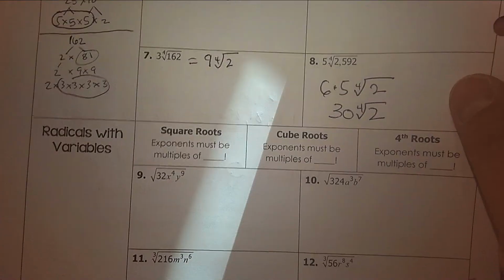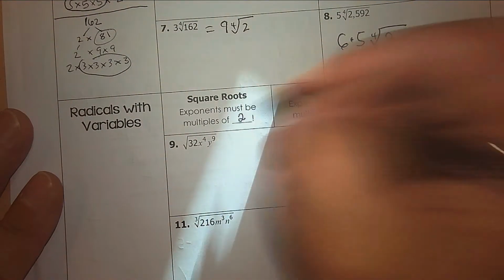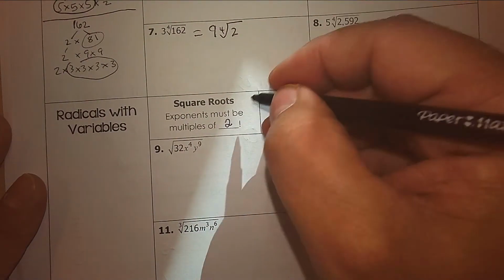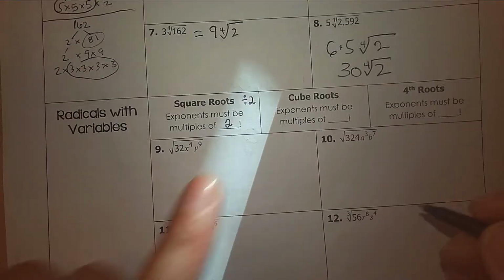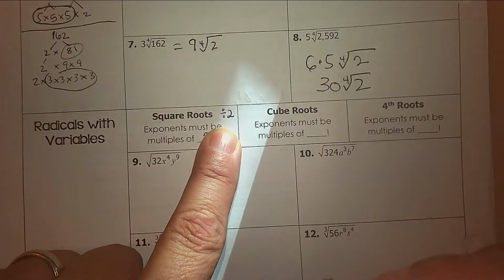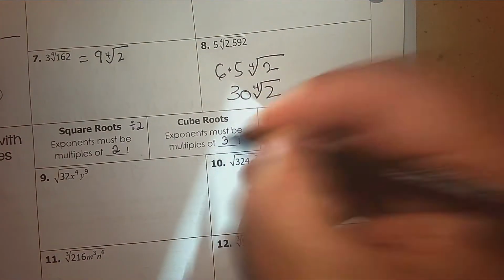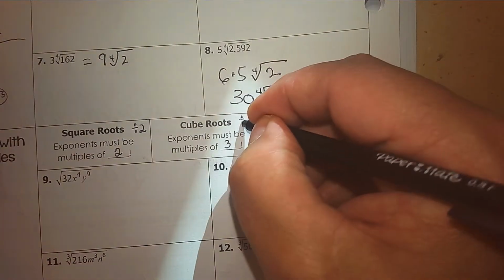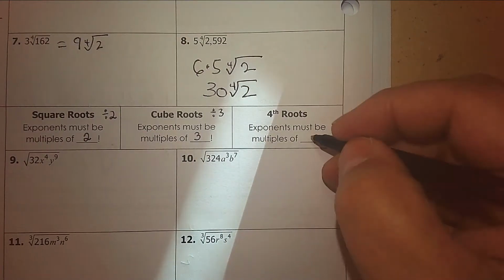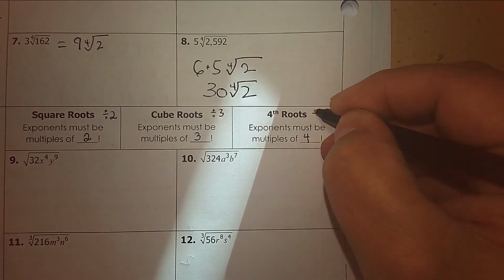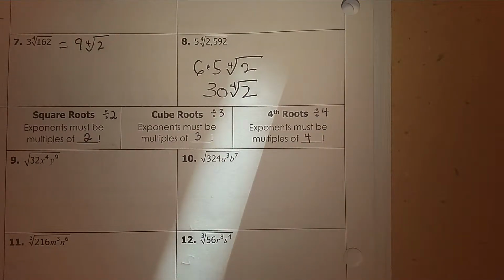Hey, square roots, exponents must be in multiples of, and the reason is, when I do a square root, do you know what you do with the exponent? You divide it by 2. Cube roots, exponents must be multiples of, which means that to the exponent, what are you going to do? 4th roots must be multiples of, which means you take the exponent and divide it by 4.